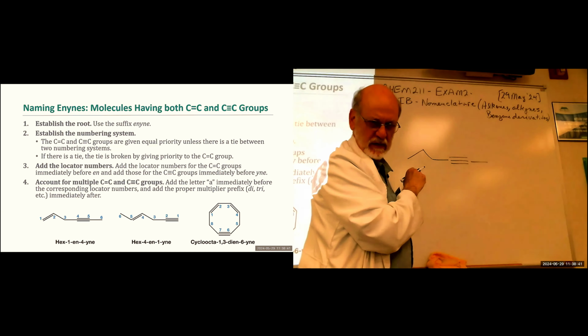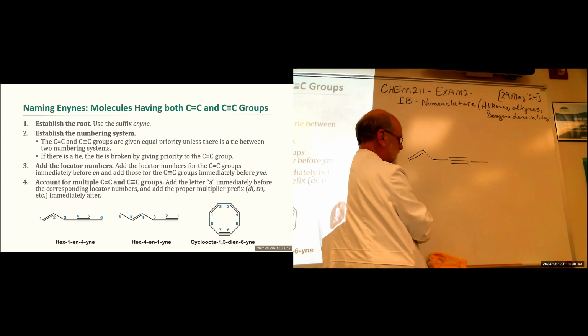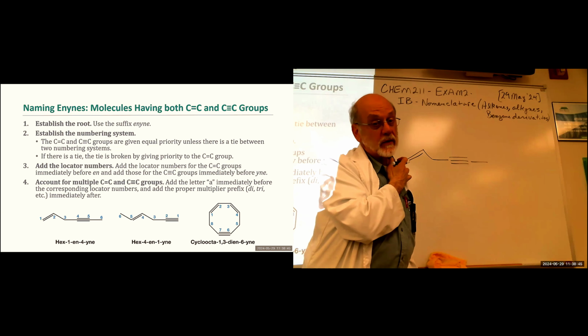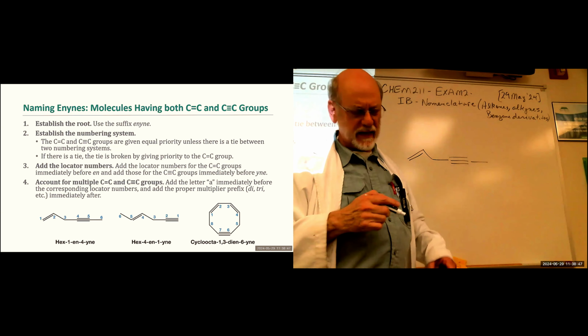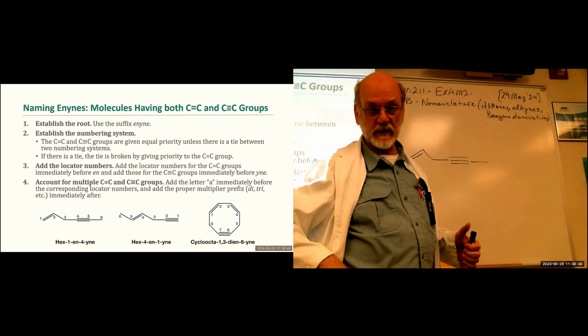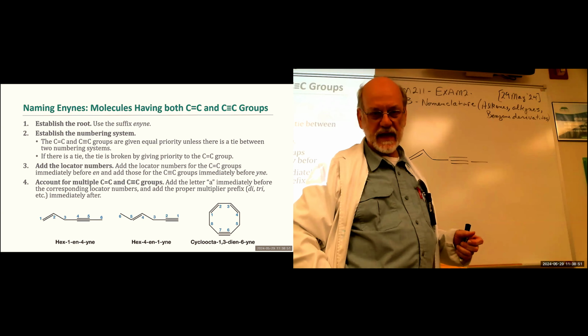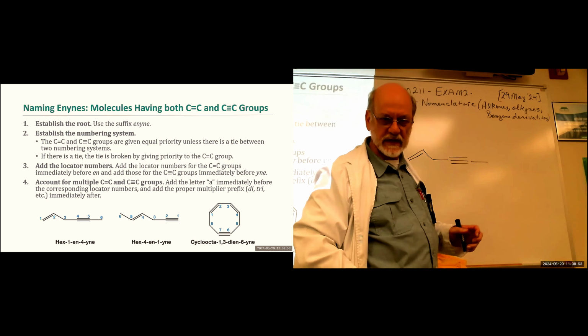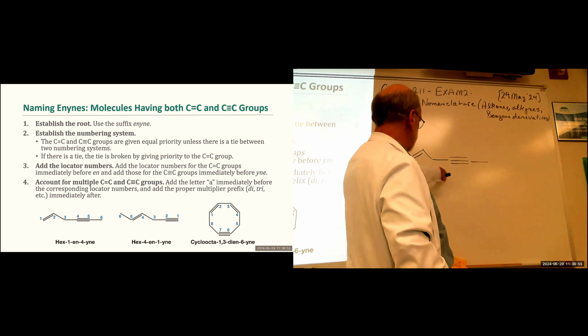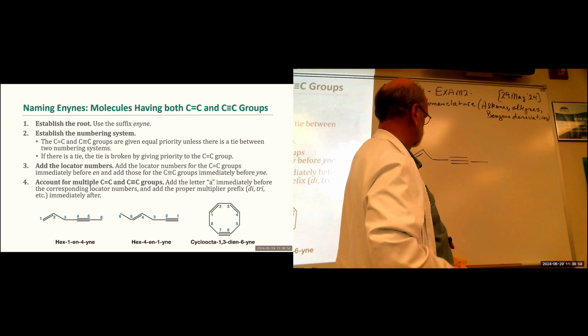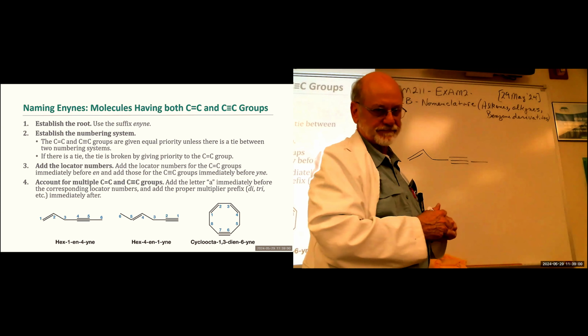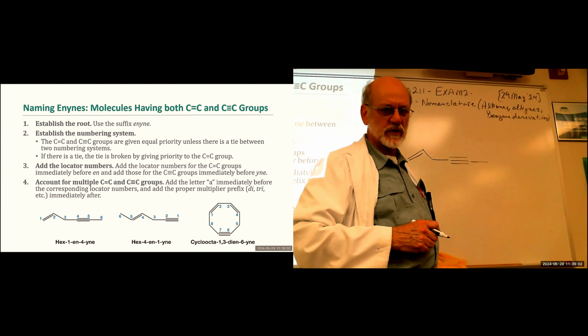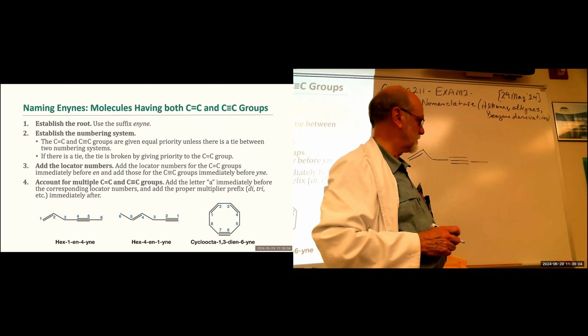6. And this one's double. Okay. Now I'm going to have to read the rules to refresh my memory on this one. How do we number this one? Well, we definitely have to include both of these in the name. So the longest parent chain is going to be a hex.